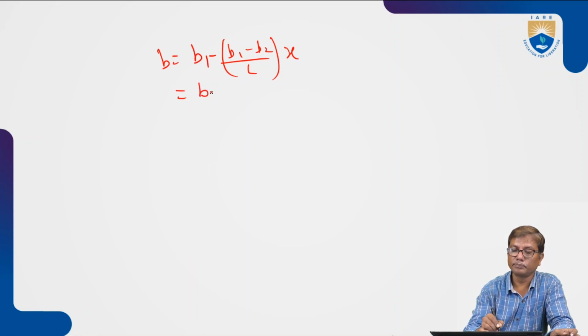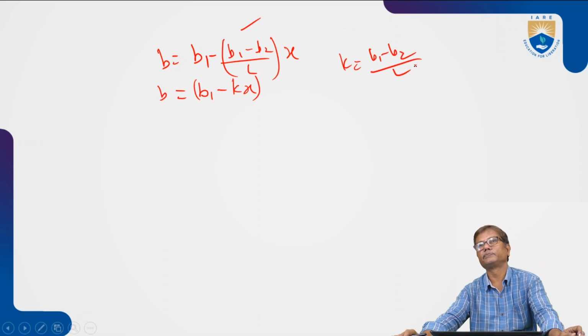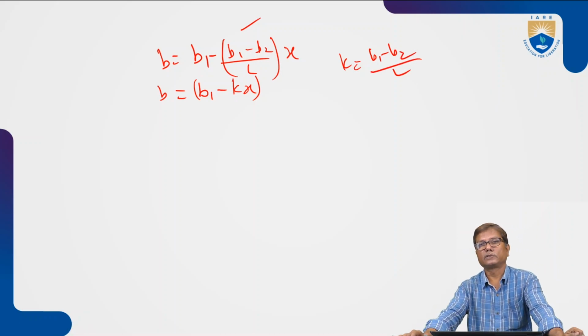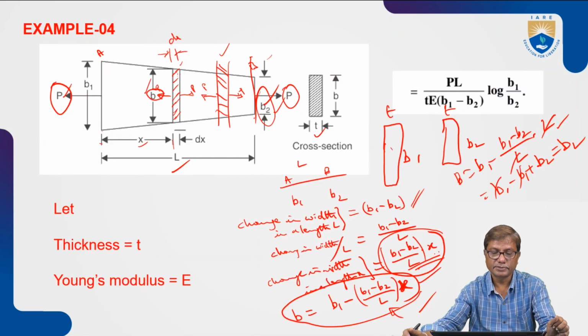For the sake of convenience, we replace this for some time by k, where k is equal to B1 minus B2 by L. Okay, so now come back to this.